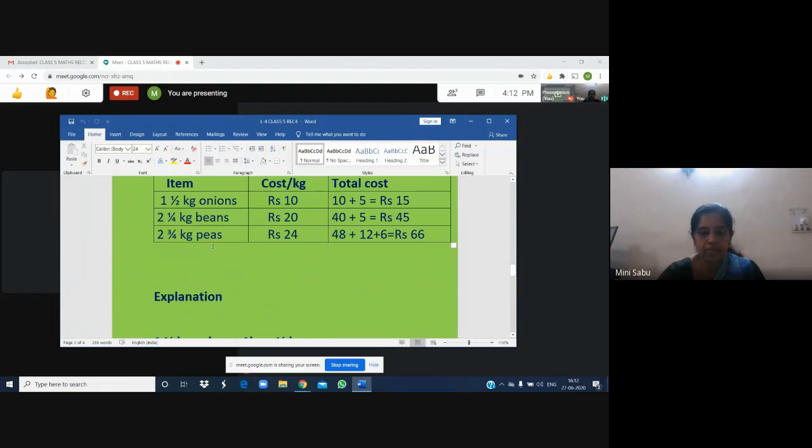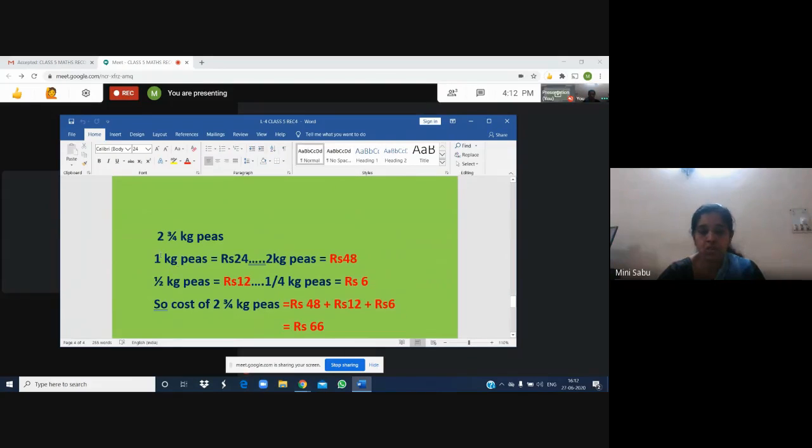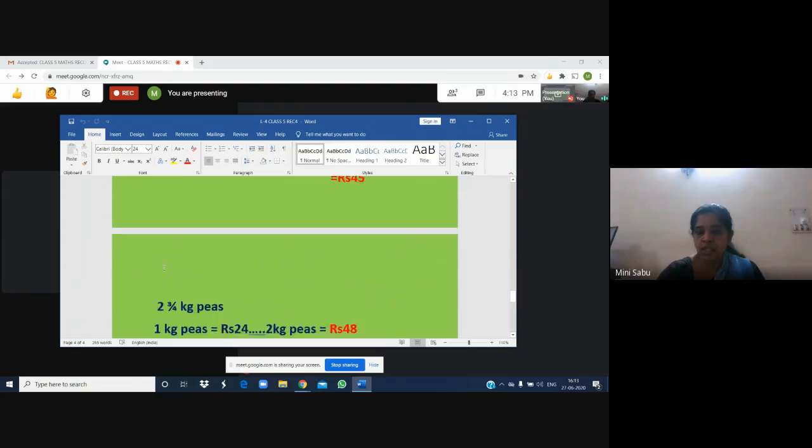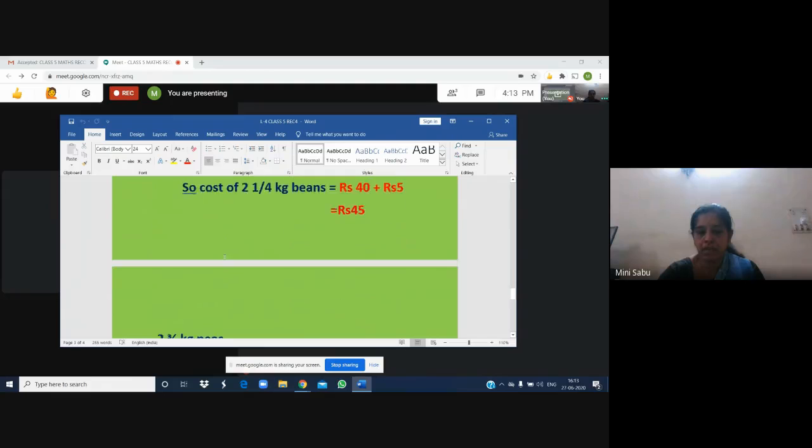And after that we are going to buy 2 3/4 kg peas. Okay, children? The shopkeeper has told us the price of 1 kg peas is 24 rupees. Remember that.